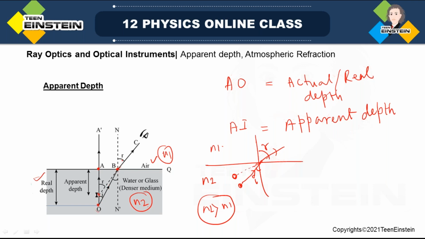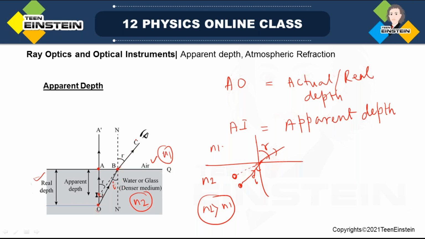Now look, after refraction it goes away from the normal. Since this is I, this is also I. This is the angle of incidence, and this is the angle of refraction.